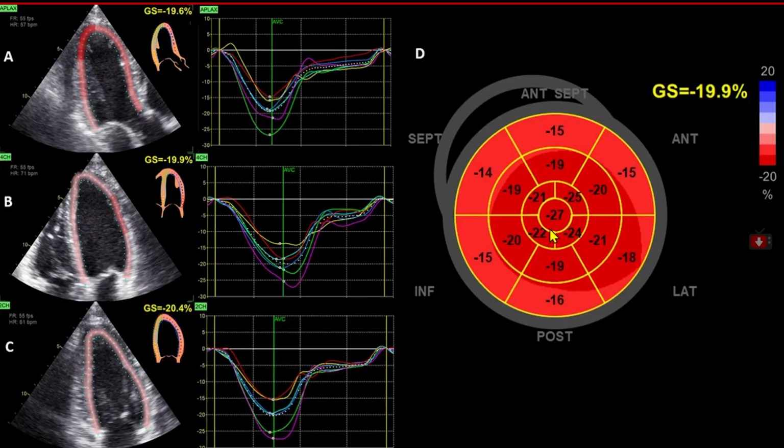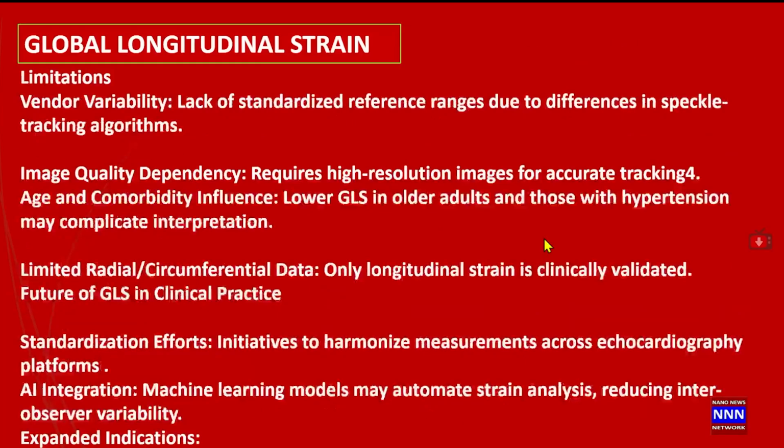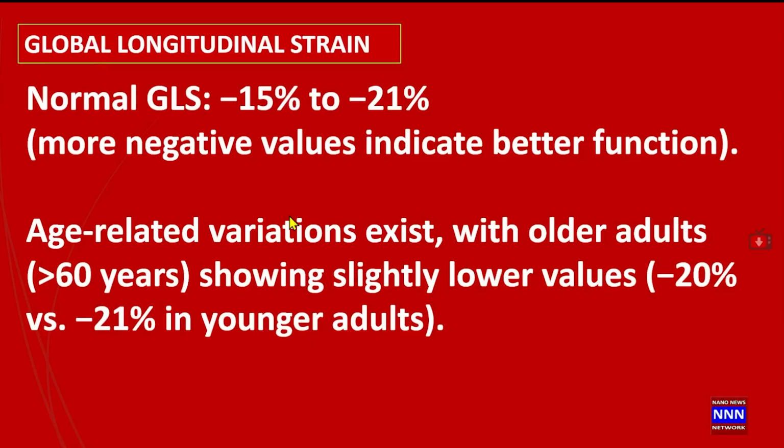And this can be either in a coronary artery circulation area, or it could be in a patchy fashion, as we see in patients with infiltrative cardiomyopathy or amyloidosis or other hypertrophic cardiomyopathies. So now let's talk about the normal values.